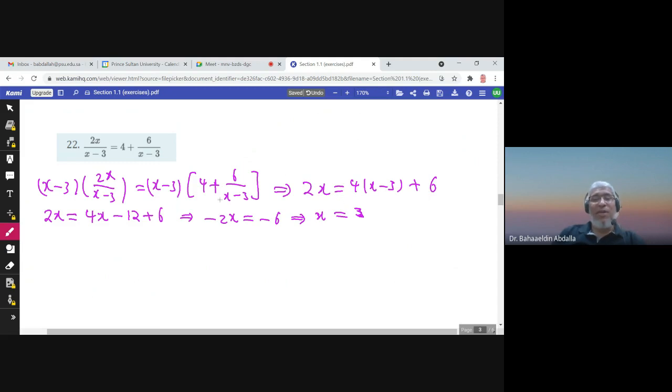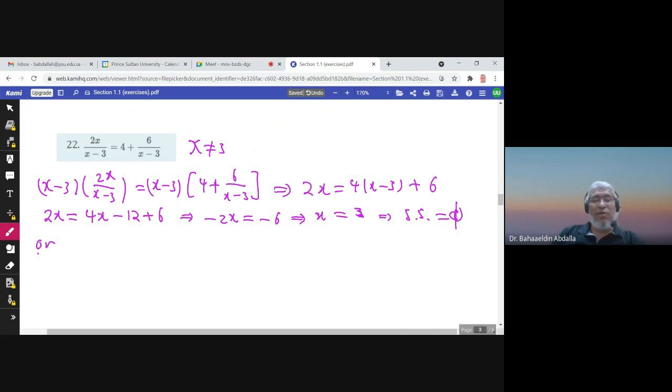But it can't be a solution of the original equation because x cannot be 3 in the original equation because 3 will make the denominator 0. So x equals 3 is a solution of this equation, but it cannot be solution of this equation. So the solution of the original equation is just 5.